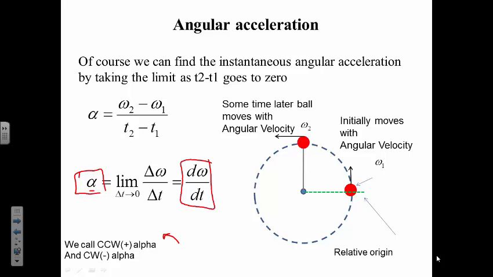If alpha is negative, that means you're slowing down and your omega is getting smaller. So just remember that. Counterclockwise means your omega is speeding up. Clockwise, if alpha is negative, means you're trying to slow it down and bring the thing to a stop, or it's having an acceleration in the clockwise direction.